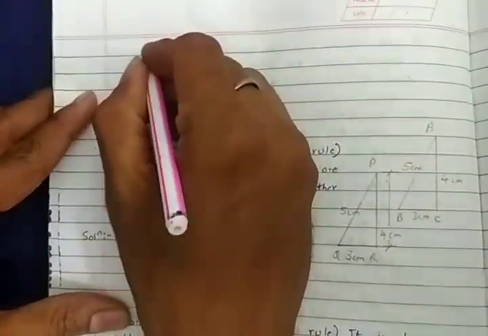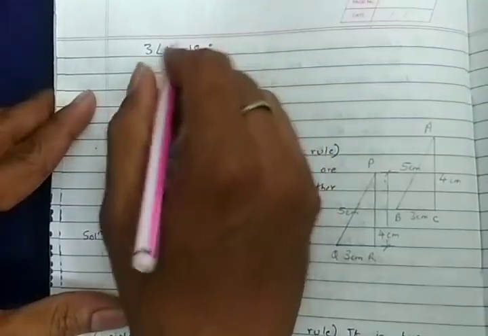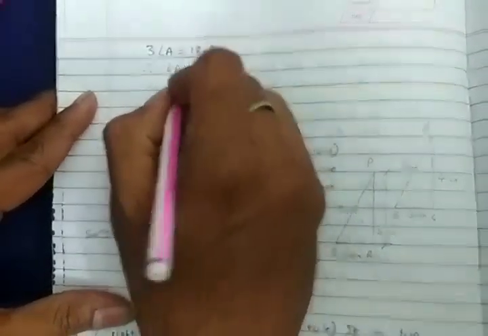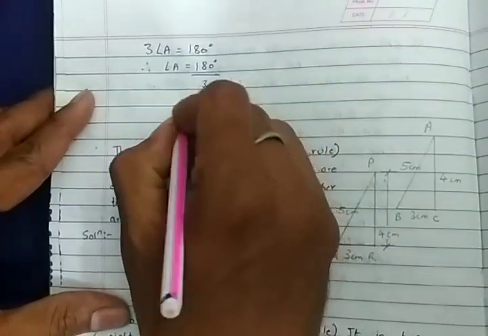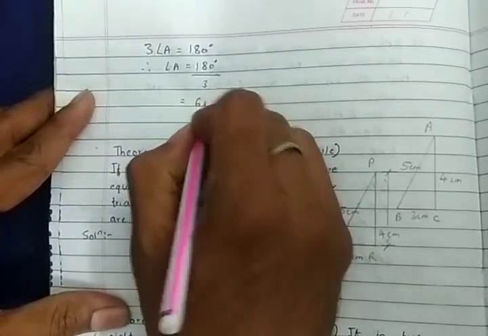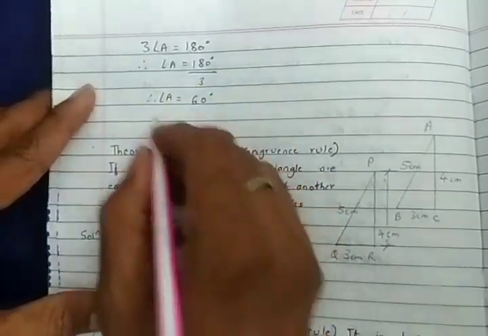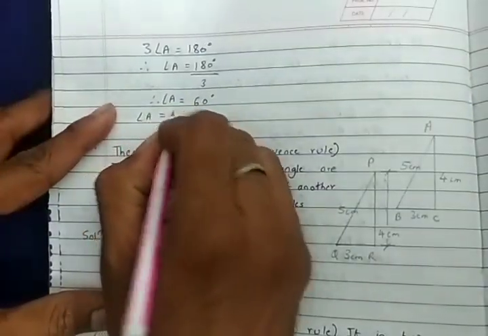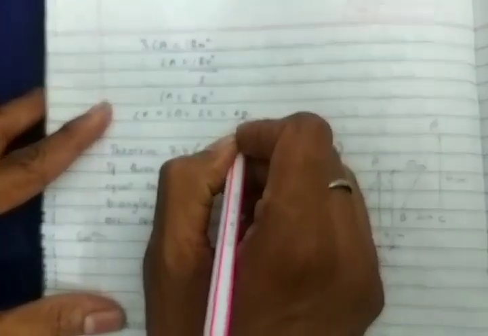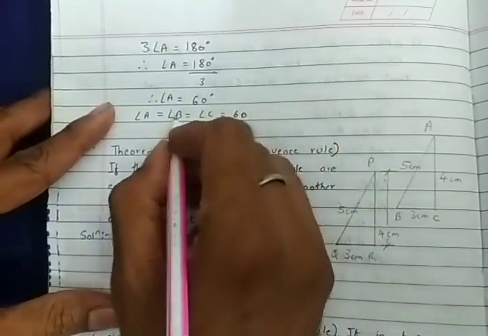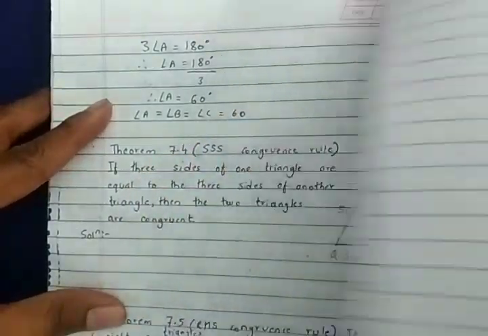Now 3 times angle A equal to 180 degrees. Therefore, angle A can be written as 180 degrees by 3. So, when we solve this, we will get angle A as 60 degrees. So, angle A equal to angle B equal to angle C equal to 60 degrees, right? We have proved all these three angles are 60 degrees. Okay.